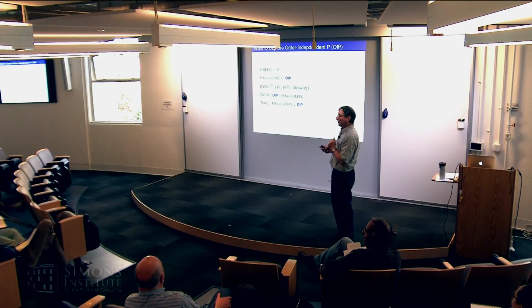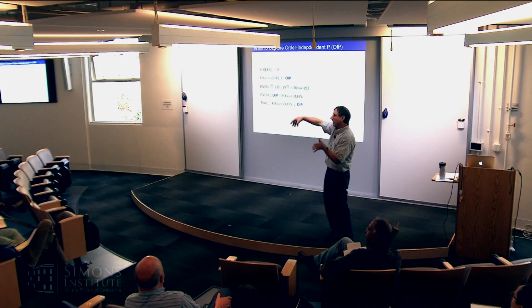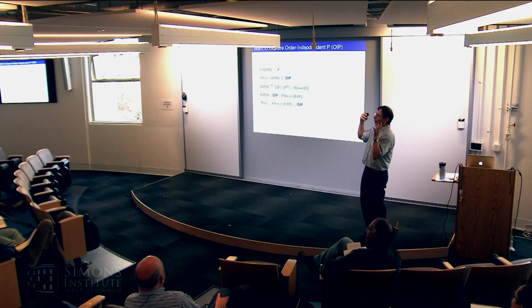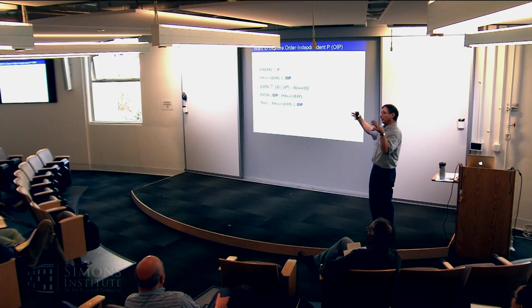But the problem with Ehrenfeucht-Fraïssé games is that in some sense, they lose all their effectiveness once you have an ordering, because you can just say, this is vertex 17, this is vertex 3, and there's an edge there or not. So you can't distinguish different graphs with ordering. So my goal was really to play Ehrenfeucht-Fraïssé games without the ordering, but in a context that was strong enough to capture polynomial time. And then I could prove P is not equal to NP. So that was my original goal.